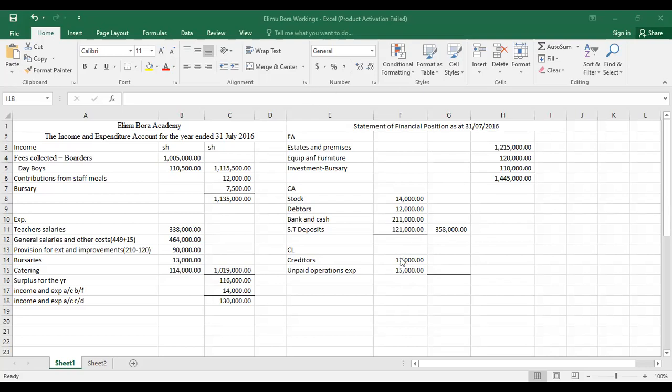So 17 plus 15 will give us 32,000. Our current assets minus the current liabilities is supposed to be a deduction, so I can put it in the bracket.